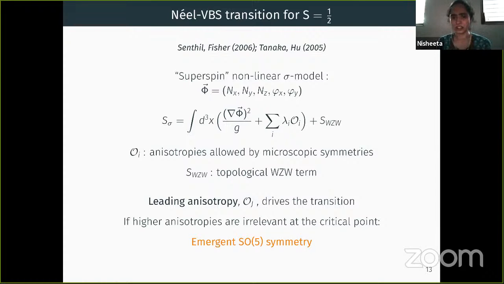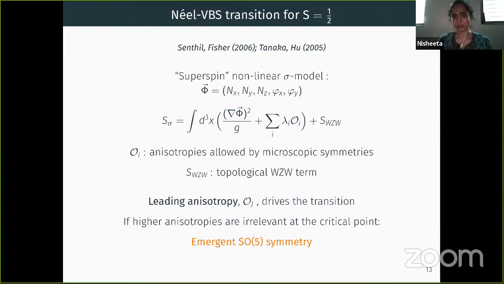So the original field theory was not in terms of the order parameters of either of the phases, but this is an alternative field theory that is in terms of the order parameters, and that's why I'm showing this. I'm not an expert in this field theory, but I'm just sketching it out because it's related to what I'm going to talk about later.